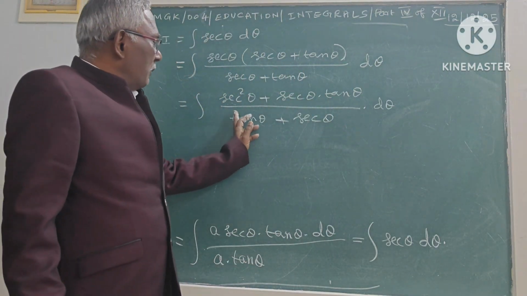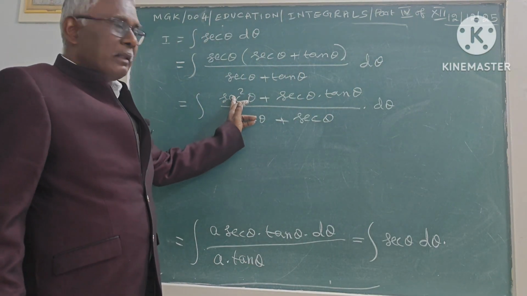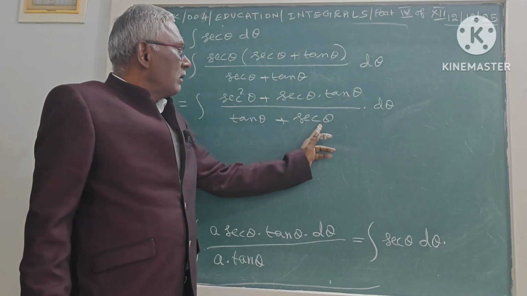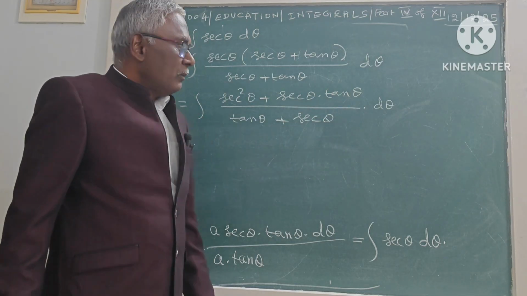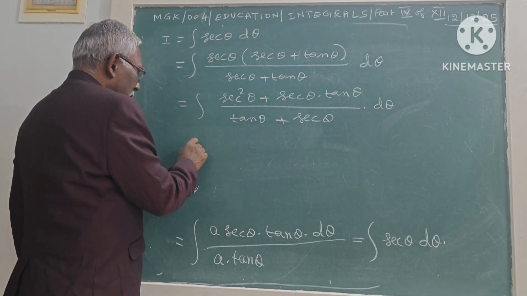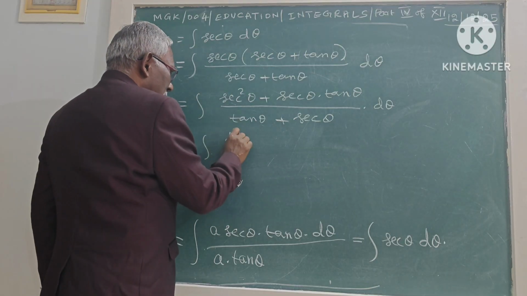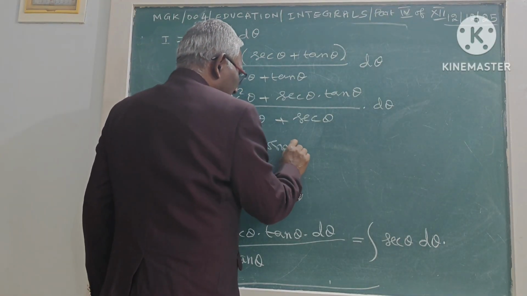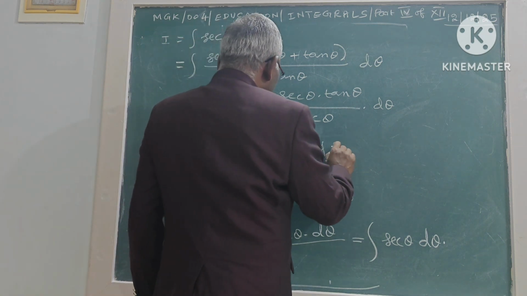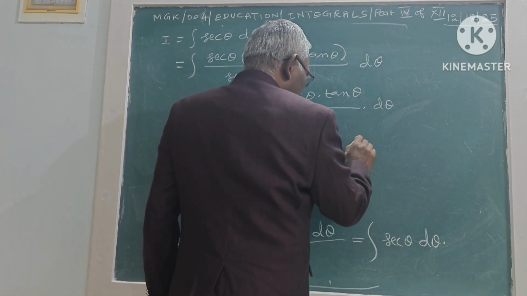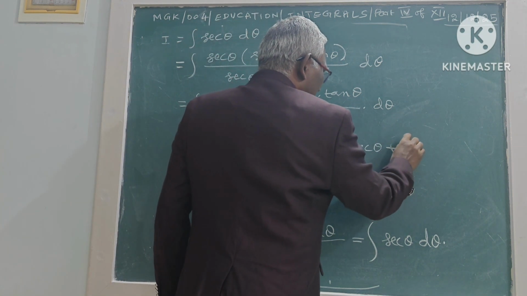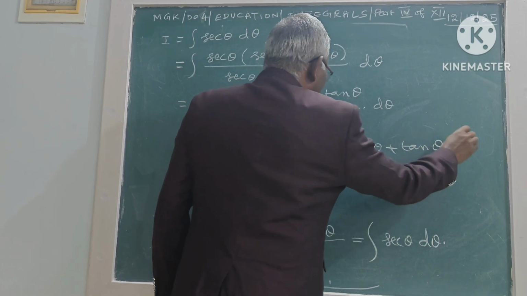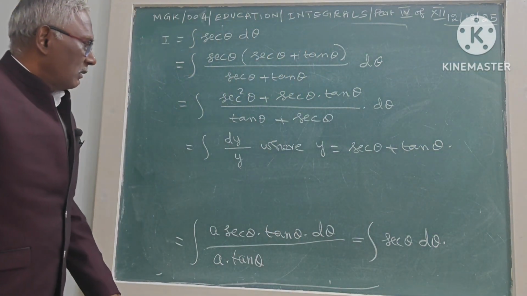If we differentiate tan theta, you get secant square theta, plus if we differentiate secant theta, you get secant theta tan theta. So this becomes integral dy by y, where y is equal to secant theta plus tan theta, or tan theta plus secant theta.